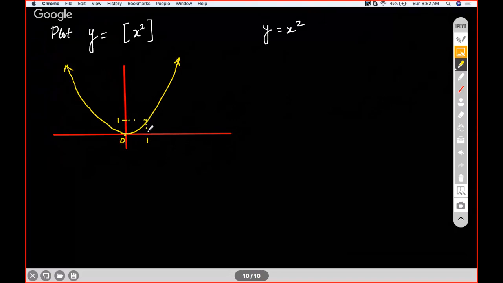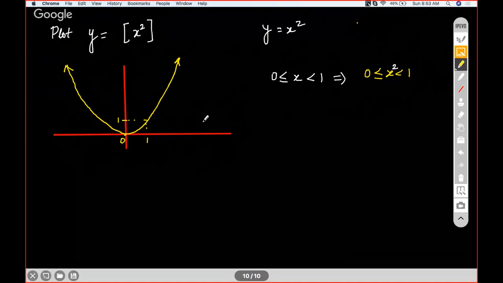So when you are looking at this part of the graph, when you are between 0 to 1, your x square is also lying somewhere between 0 to 1, correct? So when you're looking at the interval 0 to 1, your x square is also lying in the interval 0 to 1.